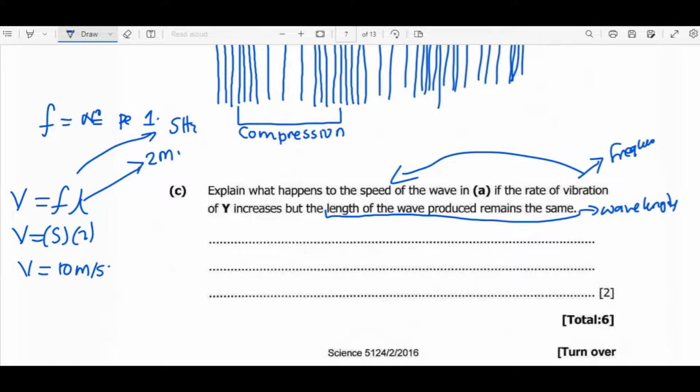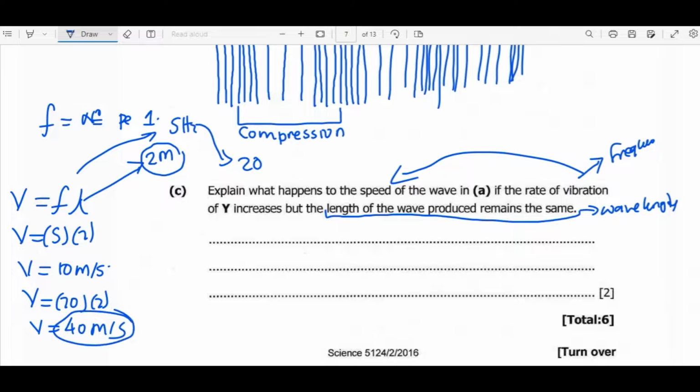Now let's say the wavelength remains the same. Now let's increase the frequency. Let's say the frequency is 20, since we are increasing the vibration. So if we use frequency as 20, and our wavelength remains 2, we get the answer to be 40 meters per second. So from the calculations, we can tell that if the frequency increases, then the speed of that wave also increases.